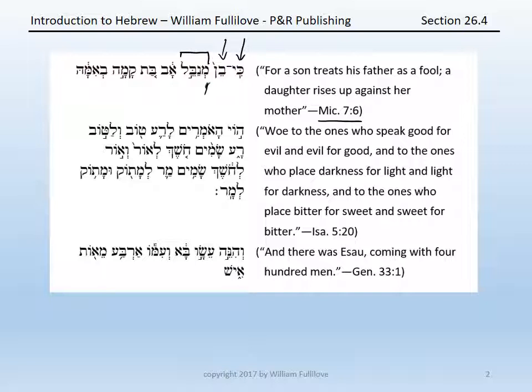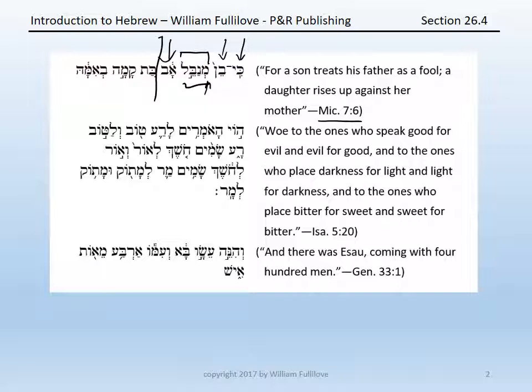Note the characteristic mem prefix indicating a Piel participle. Nabel in form is the Piel participle masculine singular of naval, a root that relates to foolishness. So in the Piel, to treat as a fool. Av, a father. For a son treats a father as a fool. In context, you would say a son treats his father as a fool.